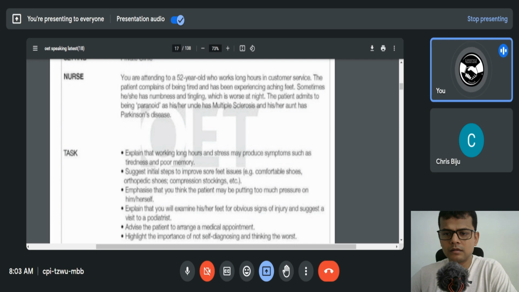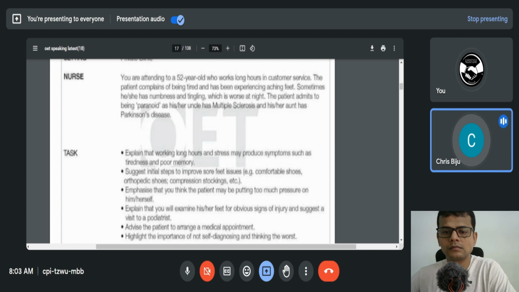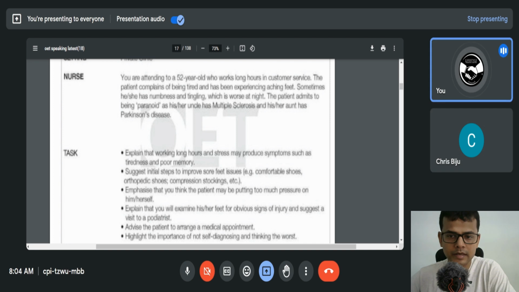I feel kind of tingling, numbness. More than pain, it's kind of a disabled feeling, like numbness. Okay, I'm really sorry. We will definitely help you to manage your condition. Do you stand for a long time at your working time? Yes, as I have explained before, I have to stand for a long time.